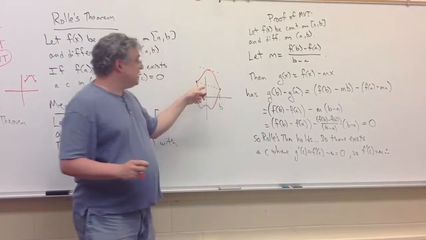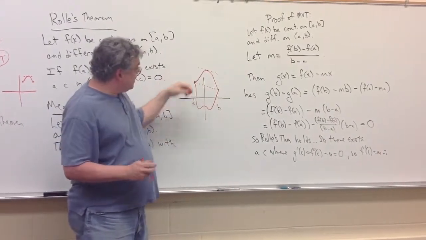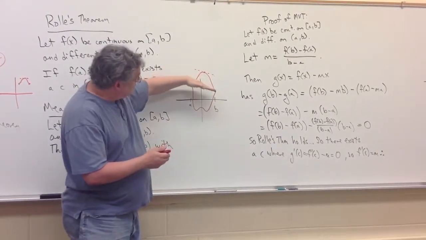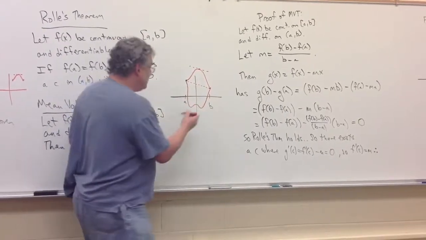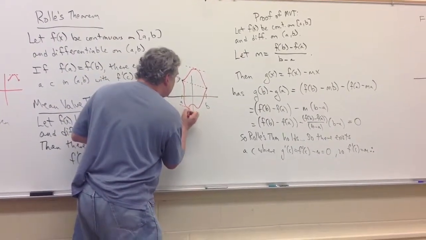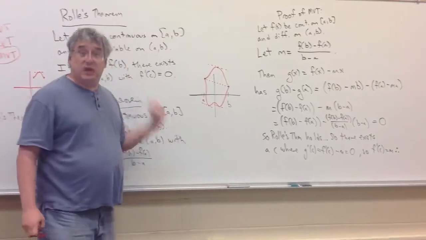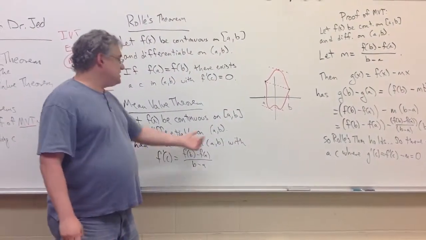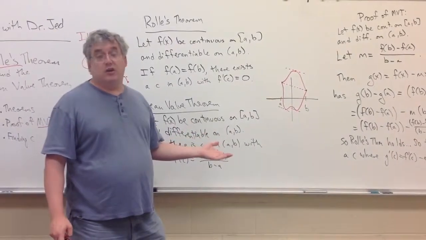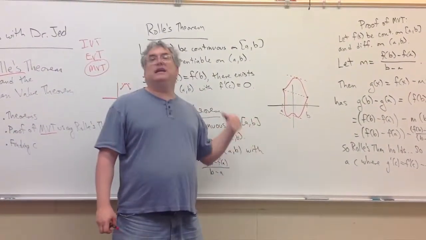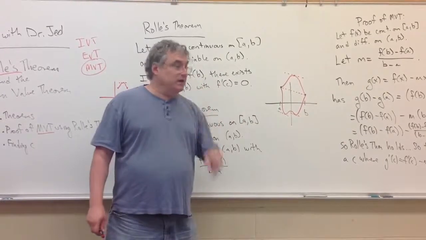That tangent slope is the same as this secant. How about down here? Right there. And actually right there. There are 2 of them. This theorem doesn't say there is one spot. It says there is a spot, which means there could be more than one. There could be 30. There could be 1,000,000. There could be an infinite number. But there's at least one.